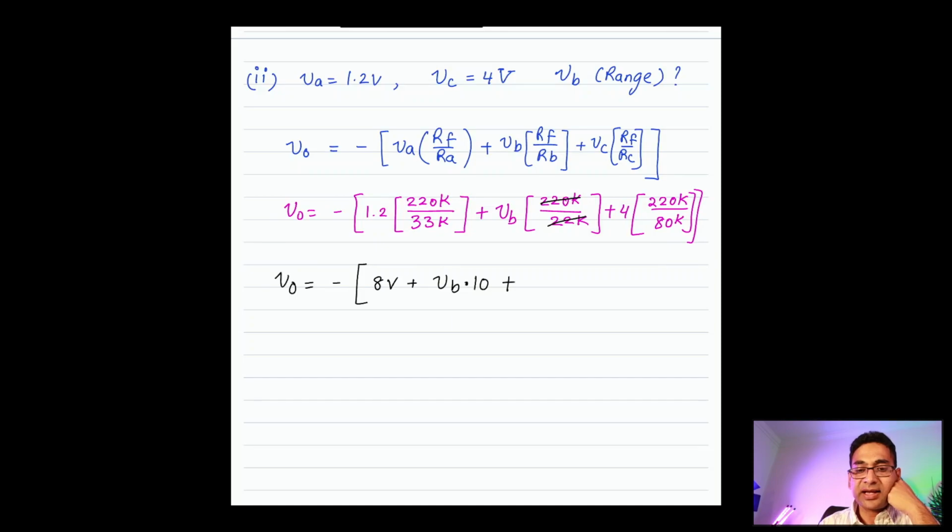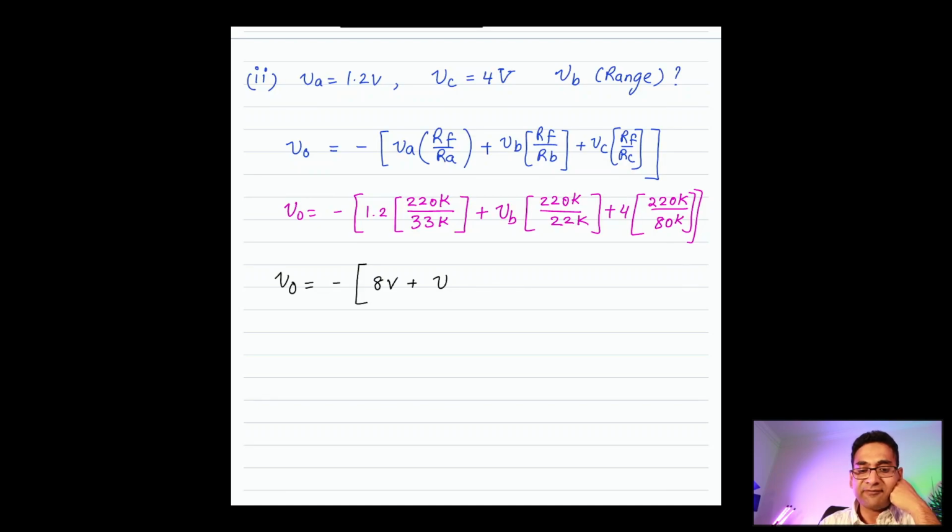Plus, now we can simplify this: 80 gives a factor of 11 here, because 4 multiplies 80 by 20 times. So it's just a matter of numerical simplification.